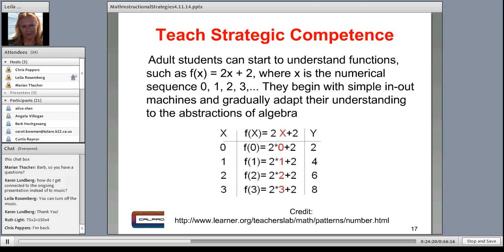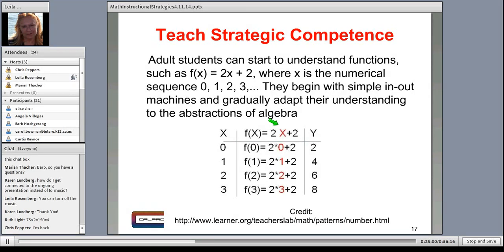In this case, adult students can start to understand functions such as the function of x equals 2x plus 2, where x is the numerical sequence 0, 1, 2, 3, and so on. They begin with a simple in-out machine and gradually adapt their understanding to the abstractions of algebra. In this example, I have x, the function of x being 2x plus 2, and you get y as your output.